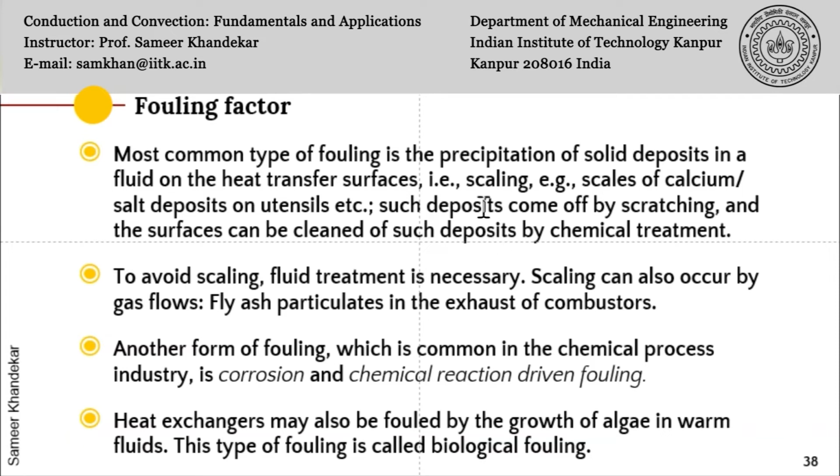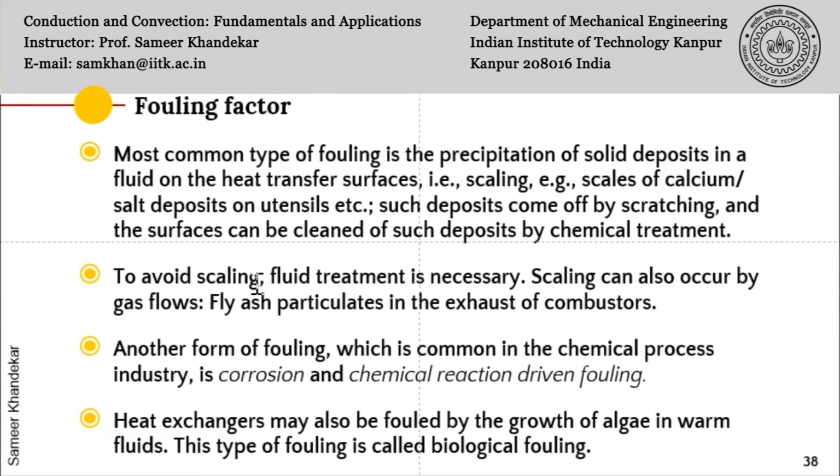Then the rate of such deposits is rather high in real-time heat exchangers, and therefore you have to account for it, you have to understand it. And if you are maintaining a heat exchanger, then you must also do cleaning and periodic maintenance, so that this thermal resistance gets periodically removed, or the resistance is treated, so that the overall resistance is manageable and comes back down to the original design calculation for which the heat exchanger duty was designed.